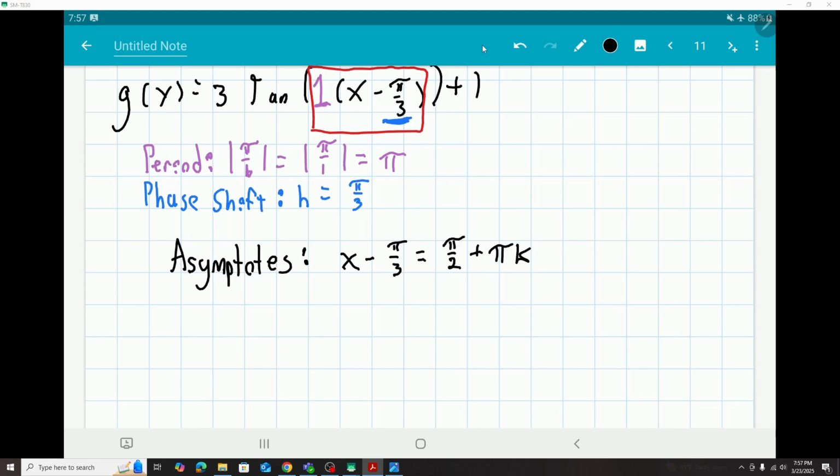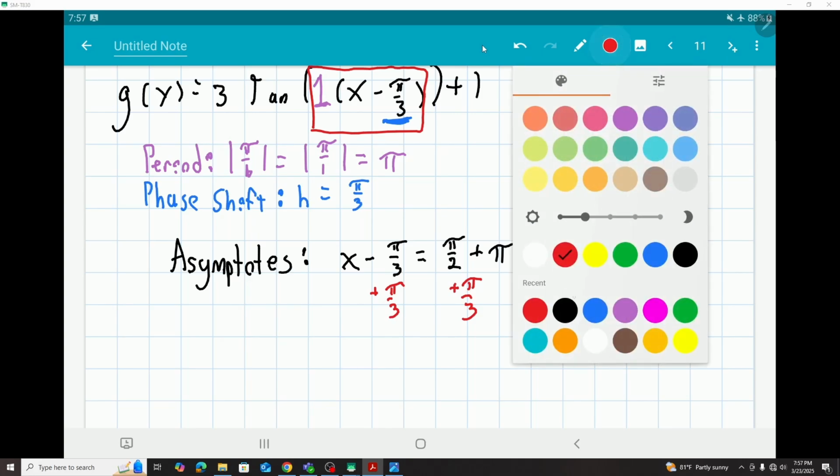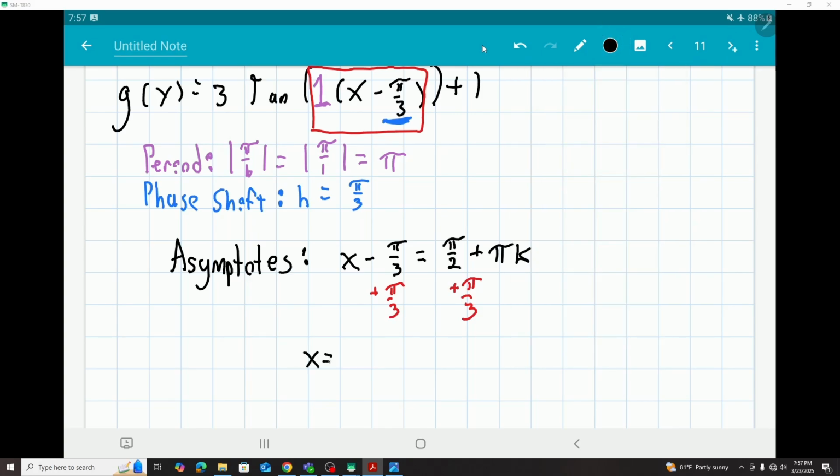It's always pi over 2 plus pi k on the right when you're finding asymptotes of tangent. It's nice, stable, there for you. Always that thing. Now we're going to add pi over 3 to both sides. So x is equal to pi over 2 plus pi over 3 plus pi k.